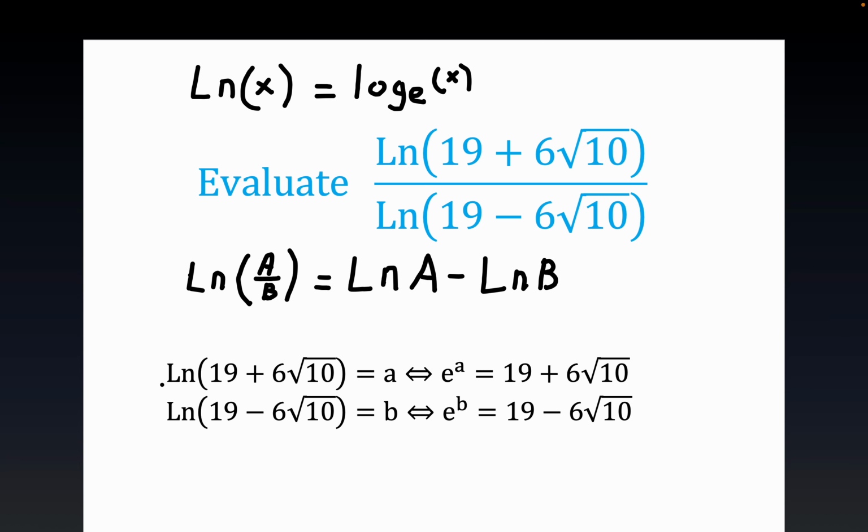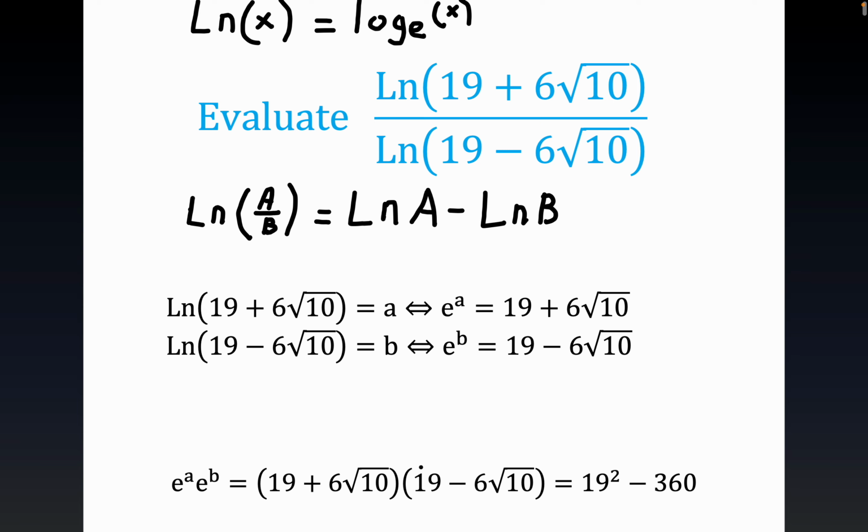Well, log base 10 of 1,000 is equal to 3 precisely because 10 raised to the third power is equal to 1,000. And that's the same thing right here. We're just using this transcendental base here, e. So in other words, this is the definition of the logarithm of this number and this number on consecutive lines. All right? Now let's keep going here.